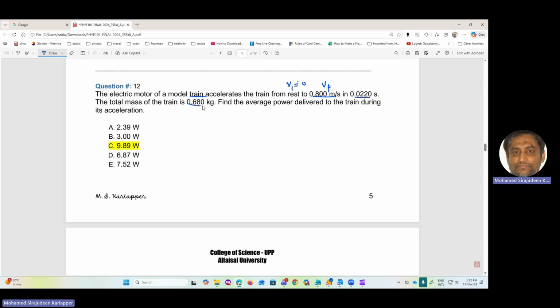The mass of the train is given. The question is, what's the average power? So if I use the symbol P for the power, it is the work done divided by the time. For the work done, we can use the change in the kinetic energy.